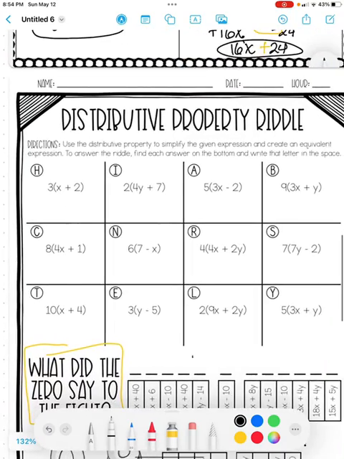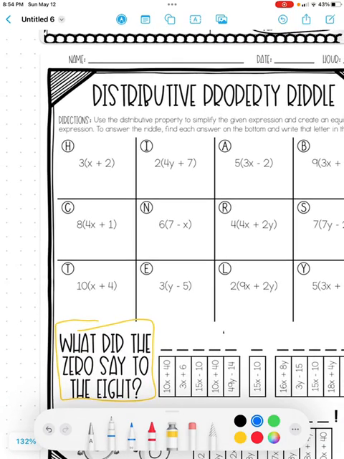If I look at letter H, that's the first problem in the first row. We need to distribute 3 to both terms x and 2. And the x and 2 terms are separated with a positive plus. Okay, so we'll have 3 times x.